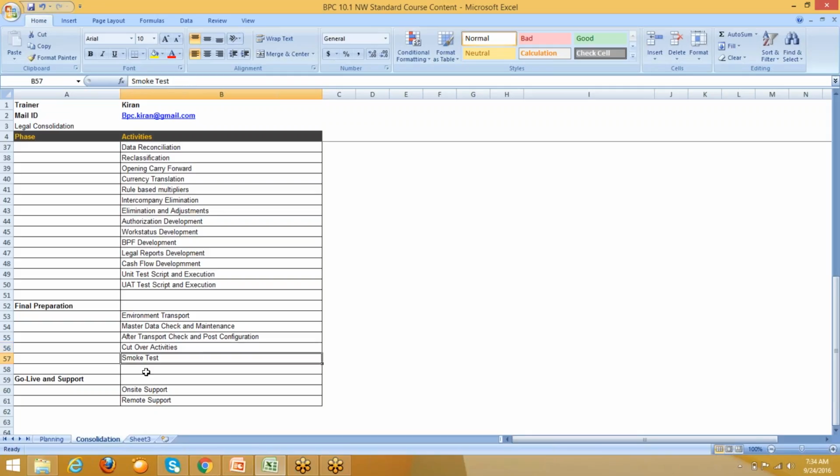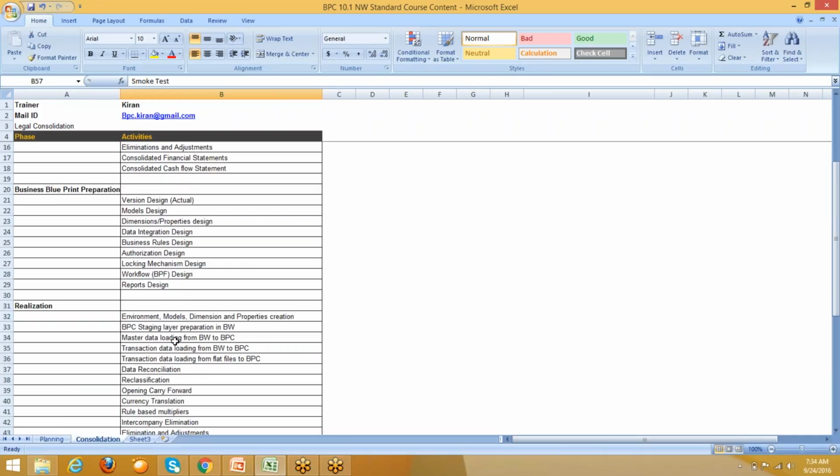You can run for some particular month and delete the data, or you can give a chance to the user. You can resolve the issues whatever they face when they are doing the smoke test. What errors they are getting or we are getting, we can complete it in production itself. So on-site support, report support, remote support.